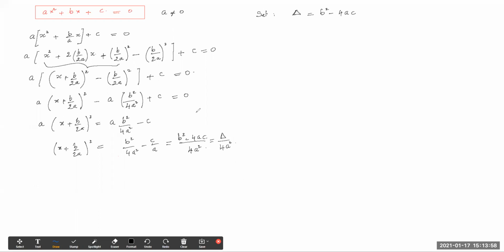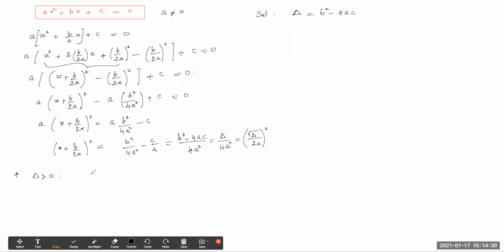Now I can discuss all the situations and have the general rule. If I have delta positive, then the right hand side is positive, so we can write it as square root of delta over 2a square.